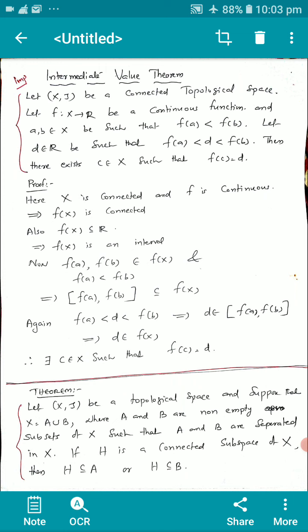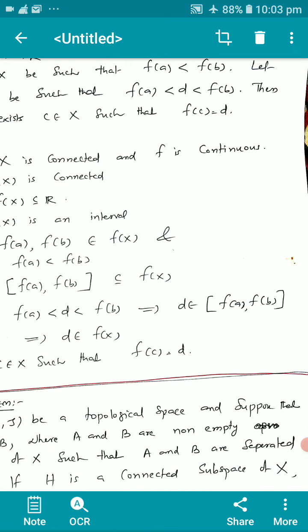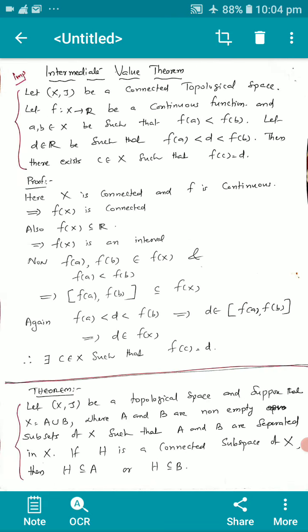This implies the closed interval [f(a), f(b)] is a subset of f(X). And when we take an intermediate value d between f(a) and f(b), that is f(a) less than d less than f(b), this implies d is an element of the closed interval [f(a), f(b)]. That means d is an element of f(X).